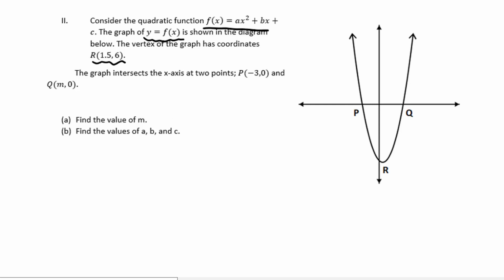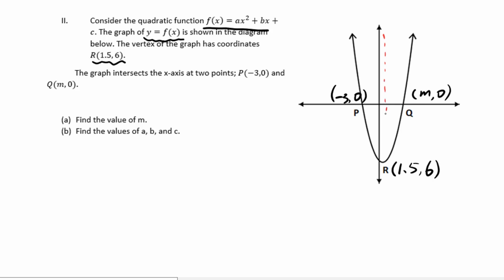Let's label 1.5, 6. The graph intersects the x-axis at 2 points, P -3, 0, Q, M, 0. A, find the value of M.